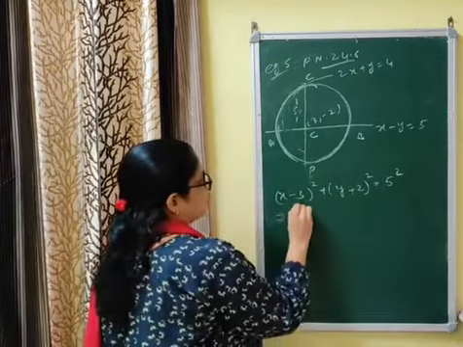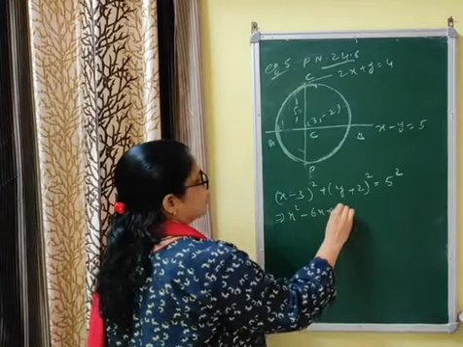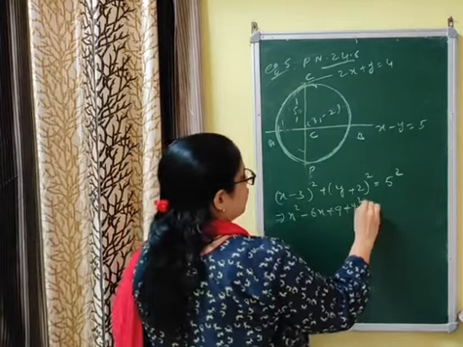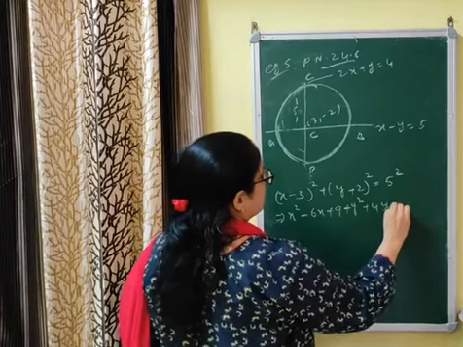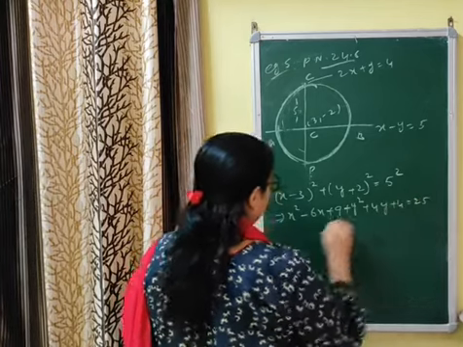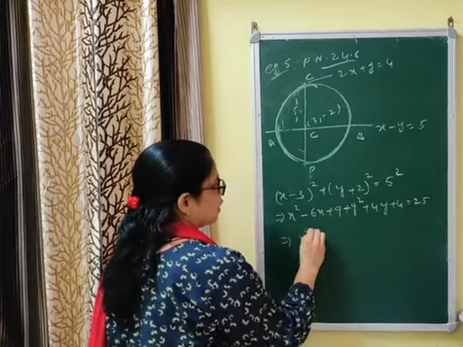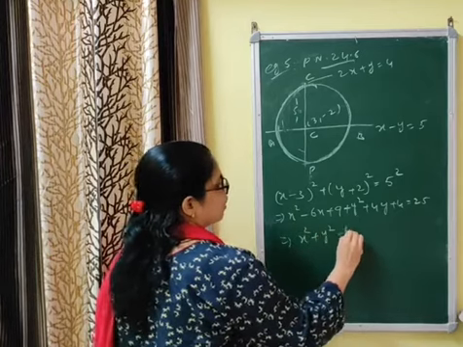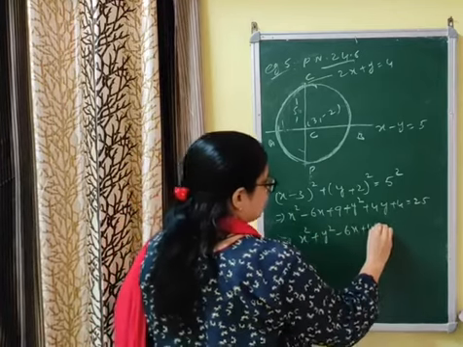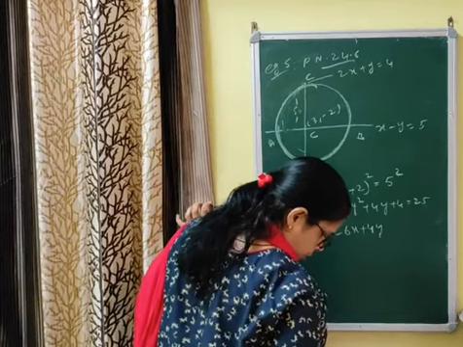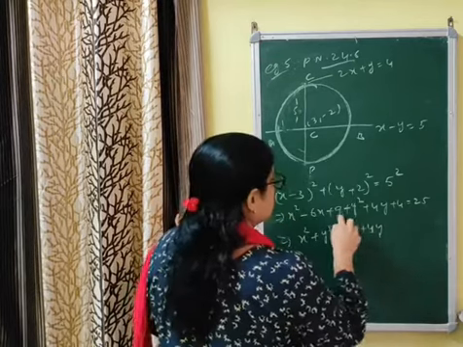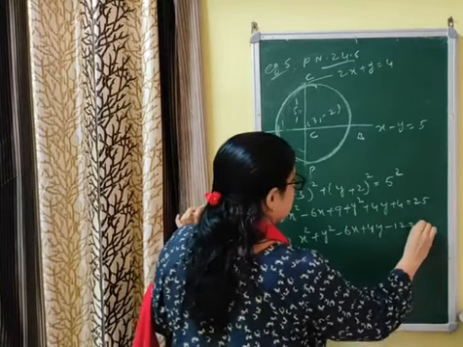By solving it, x² - 6x + 9 + y² + 4y + 4 = 25. Now converting to standard form, you get x² + y² - 6x + 4y + 13 - 25 = 0, that is x² + y² - 6x + 4y - 12 = 0.